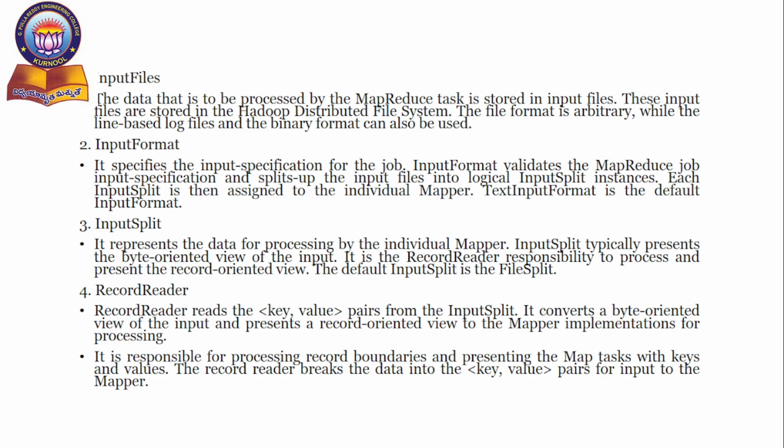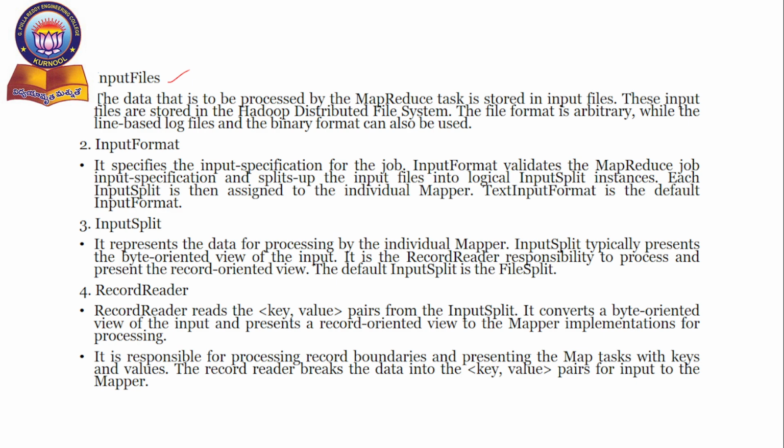Now we'll see what are all the terminologies we undergo in this MapReduce task. So the first one is the input files. The data that is to be processed by the MapReduce task is stored in the input files. So whatever data we need to process will be stored in these input files.